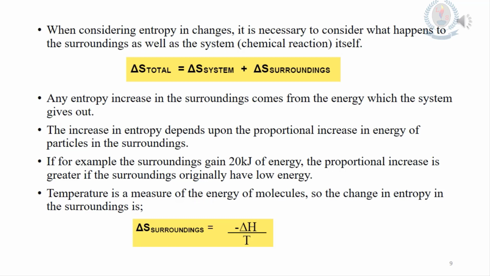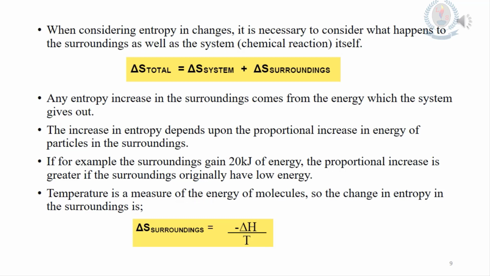Any entropy increase in the surroundings comes from the energy which the system gives out. An increase in entropy depends upon the proportional increase in energy of particles in the surroundings.